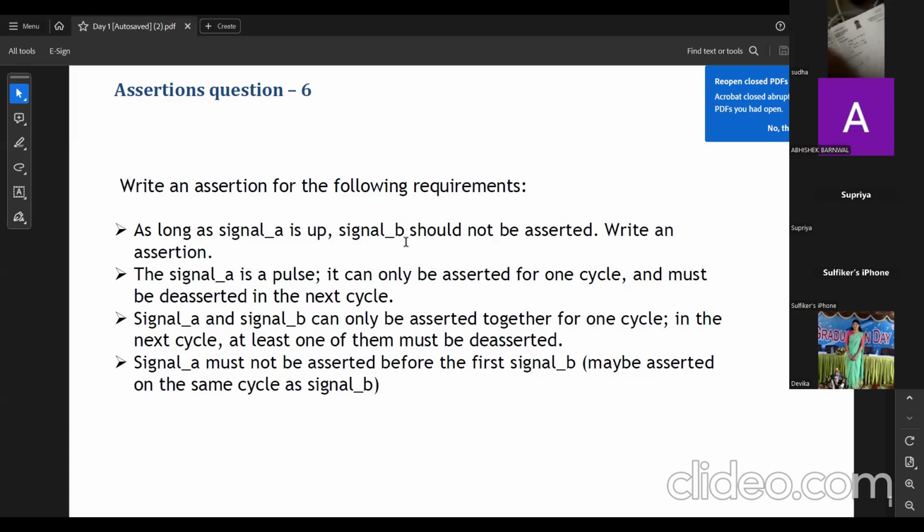Something related to those system functions you can think and write. Here, A should be high. For suppose A is high from 10 to 20 units, in that span of time, B should not be high. So that is the condition.